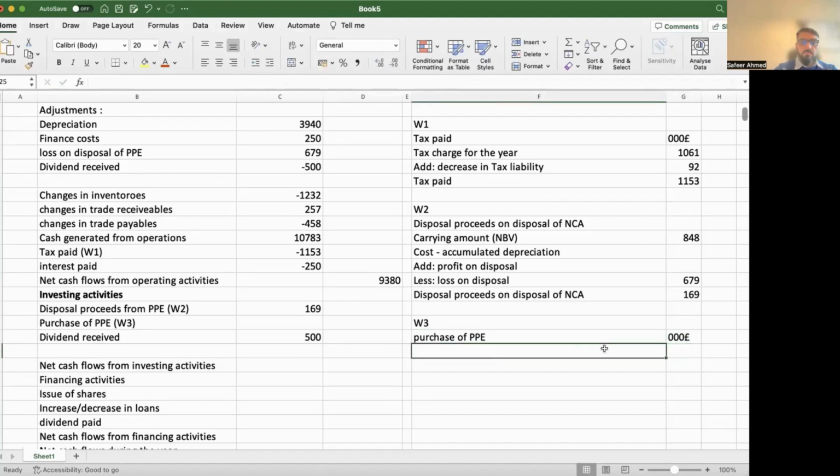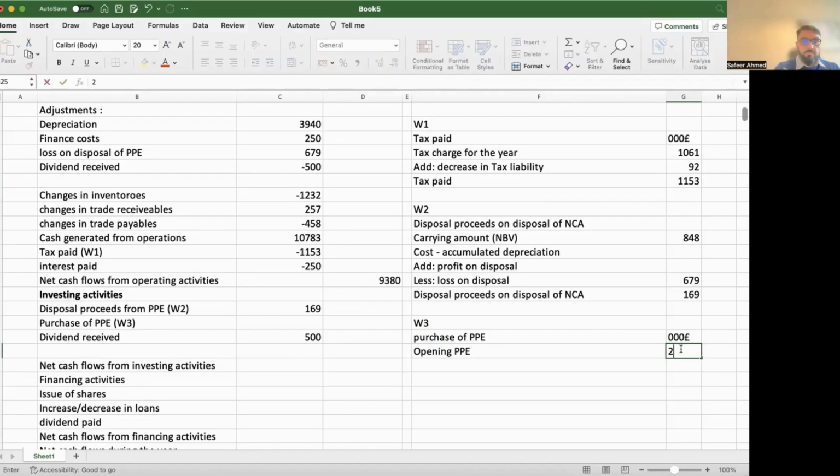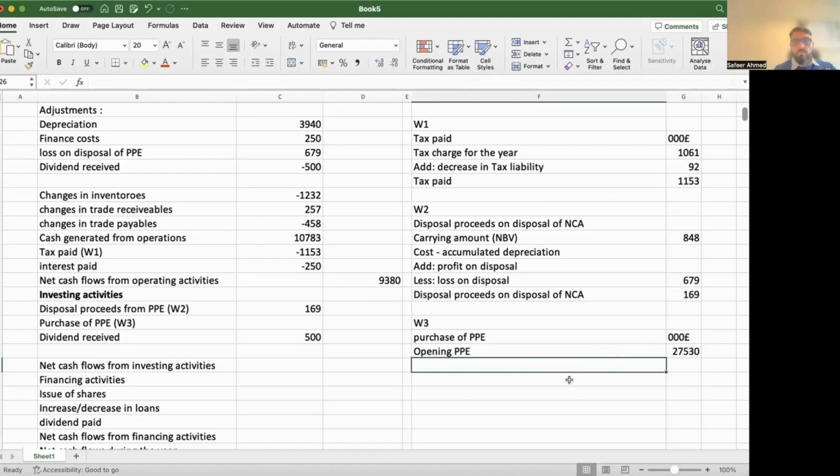So you start with basically opening property, plant and equipment. This is the last year one. Remember, last year closing becomes this year opening. So the last year closing, which is 27,530. And what you do from here is you deduct a couple of items.